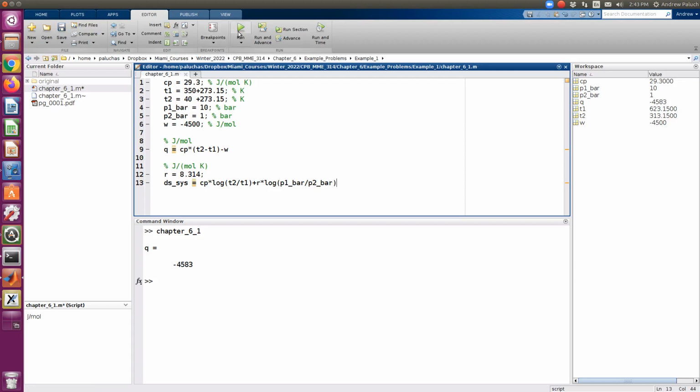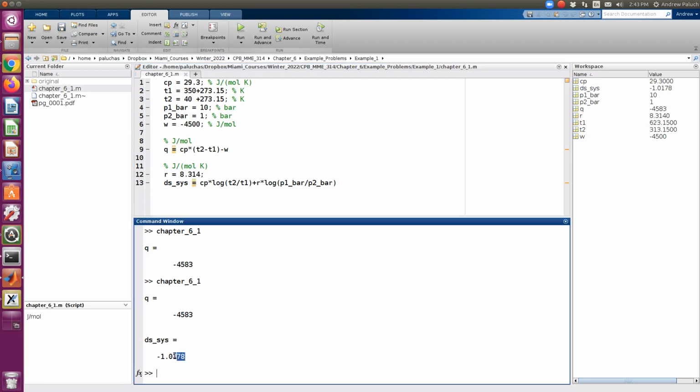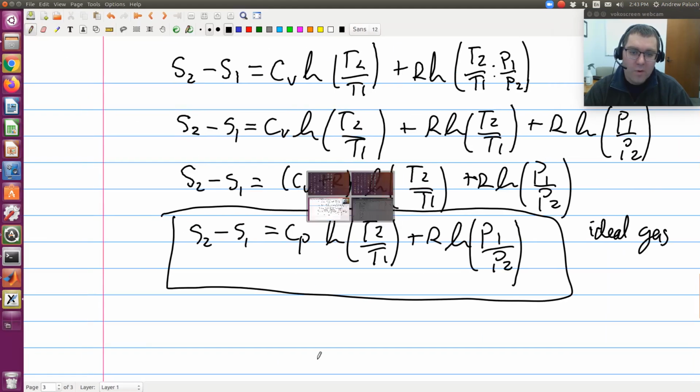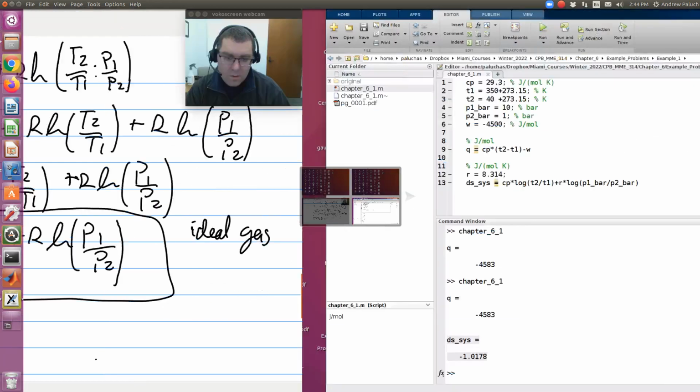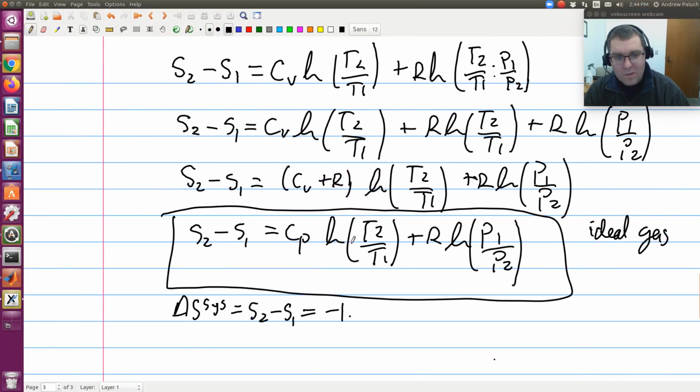So with that, I get a change in entropy of my system of negative 1.0178 joules per mole Kelvin. So delta S of my system, equal to S2 minus S1, is negative 1.0178 joules per mole Kelvin.